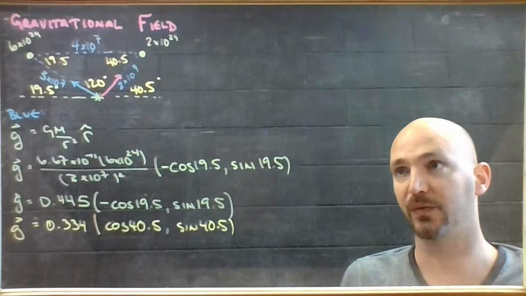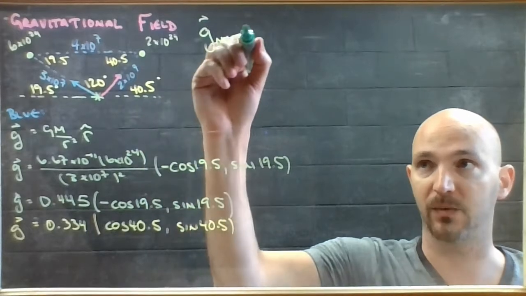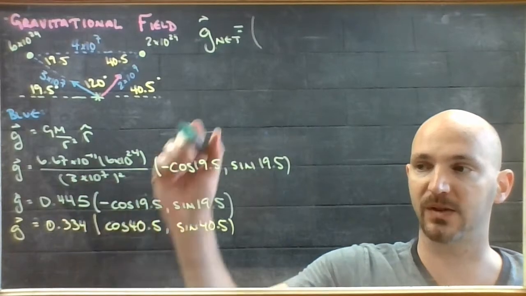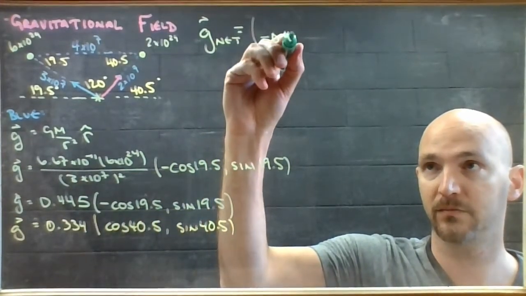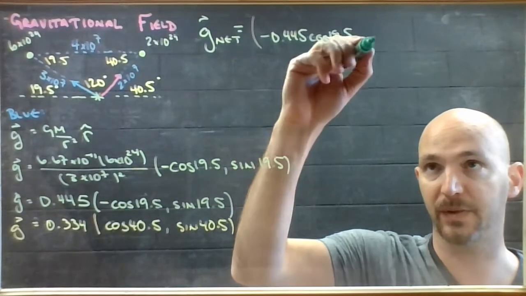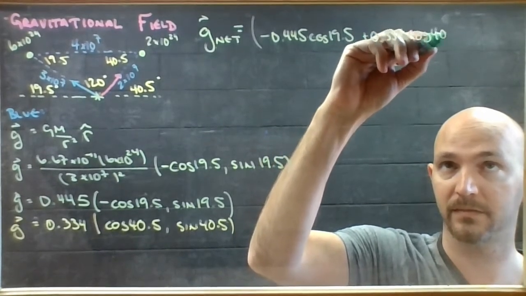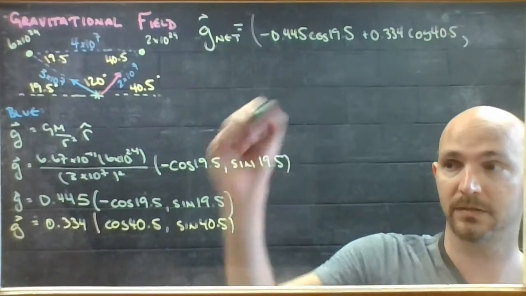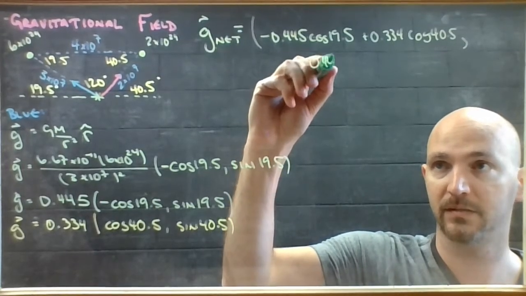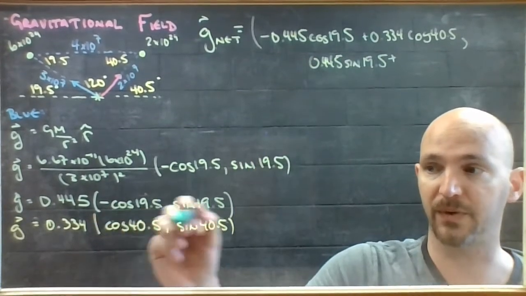My net gravitational field at that particular place will end up being the x coordinates added together, so that's negative 0.445 cos 19.5 plus 0.334 cos 40.5, comma the y coordinate 0.445 sine 19.5 plus 0.334 sine 40.5.